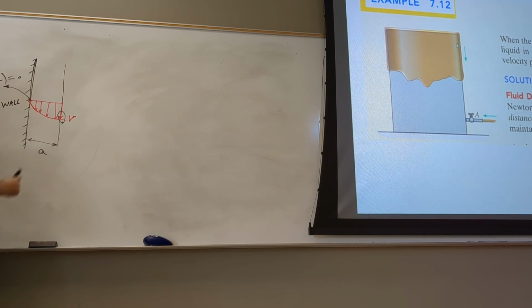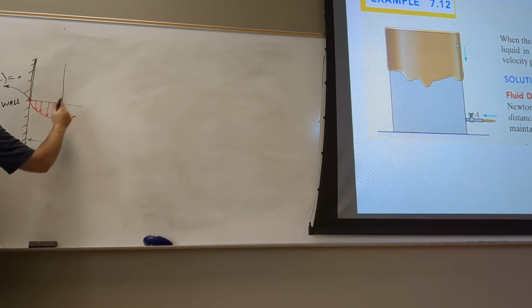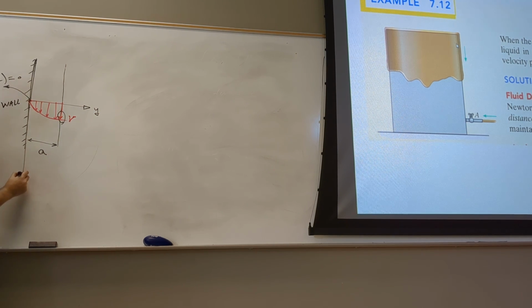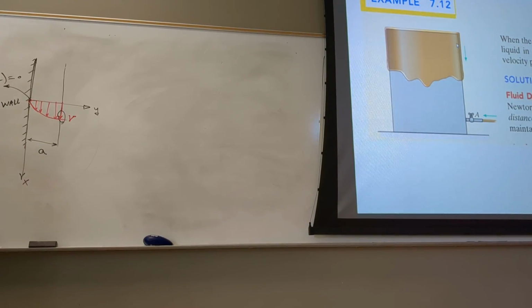Look, let's say this is your y, and this is your x, the coordinate system. Here's my conventional xy; I just rotate it 90 degrees. You see that? So that's your x and that's your y.